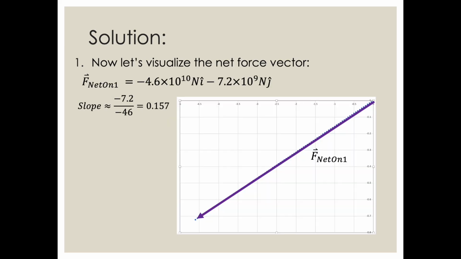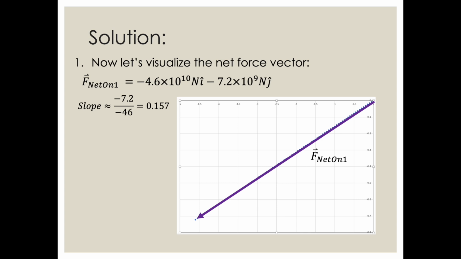Now let's visualize the net force vector. We can do that by simply using a graph, and we don't need to use the 10 to the 10th factor here. All we need to know is that the x component is 10 times greater and that it is a 4.6 versus a 7.2.